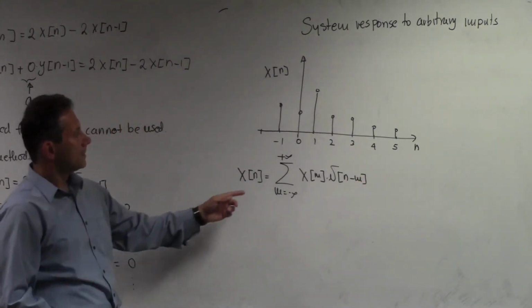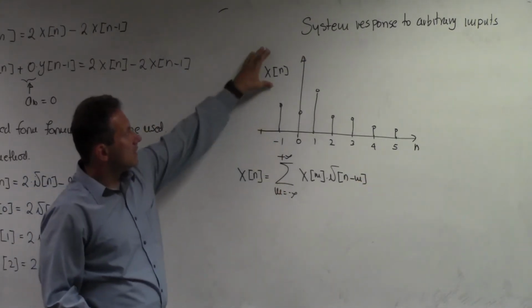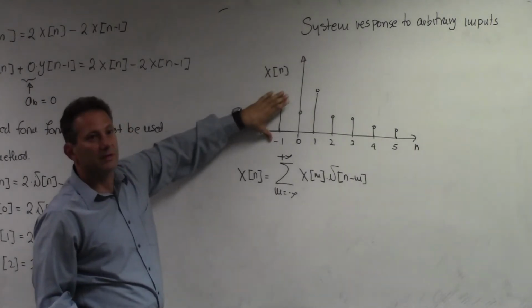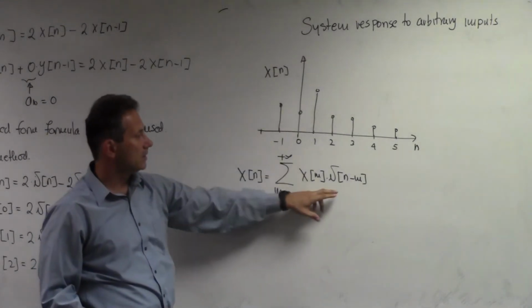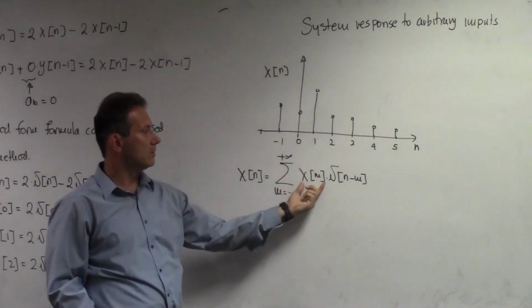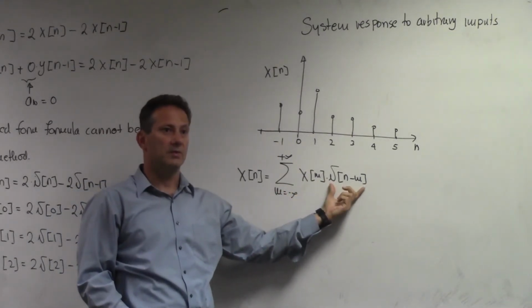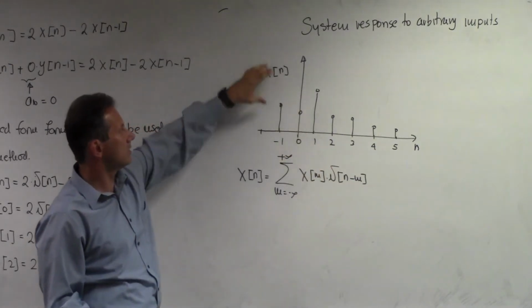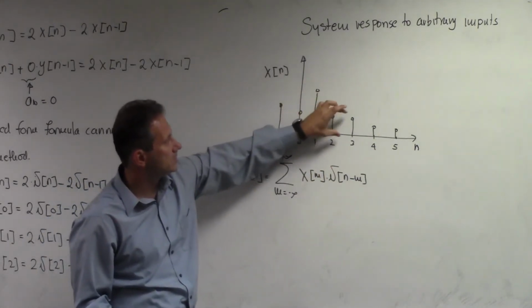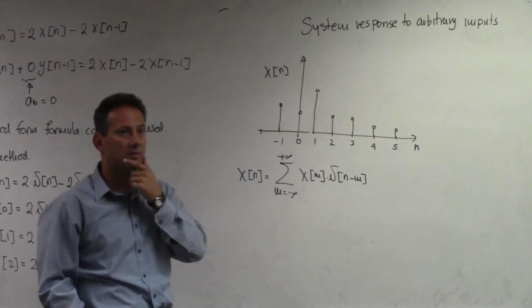In other words, I'm seeing this x of m as a whole bunch of deltas, right? The delta is multiplied by the value at x of m, and it's centered at the point n minus m. So I see this x of n is this plus this plus this plus each one of these individual impulses.